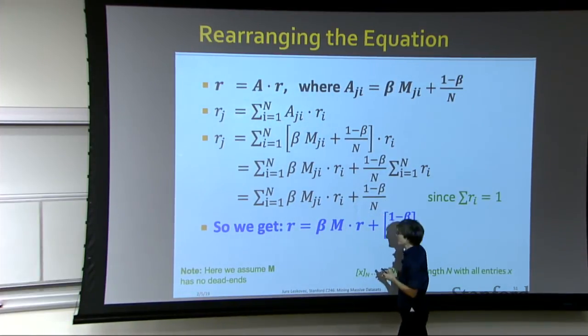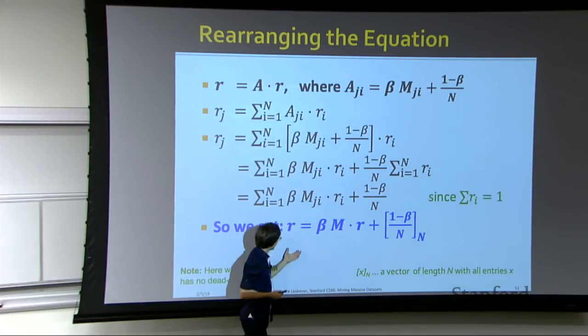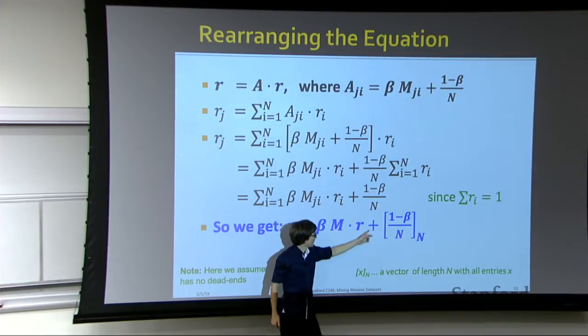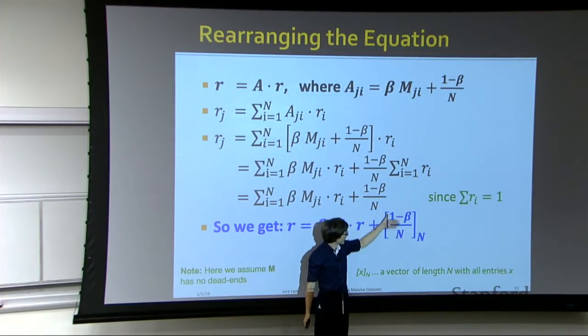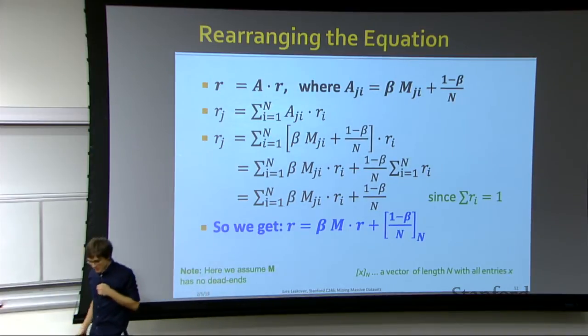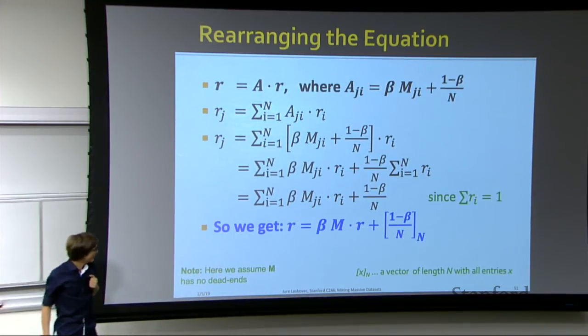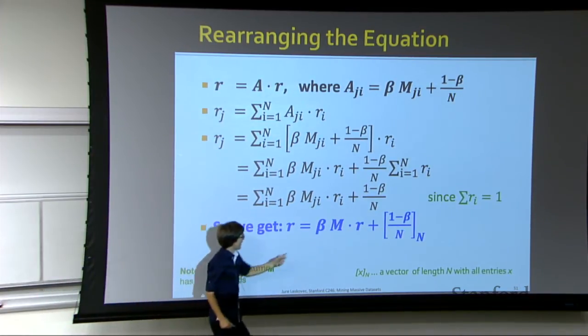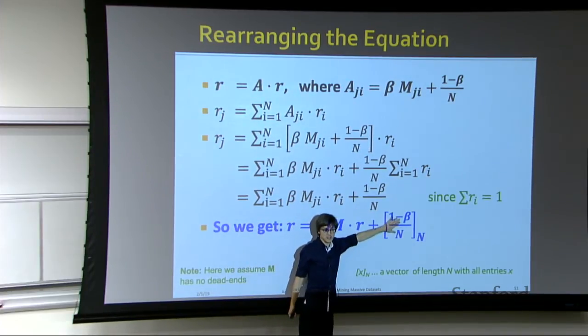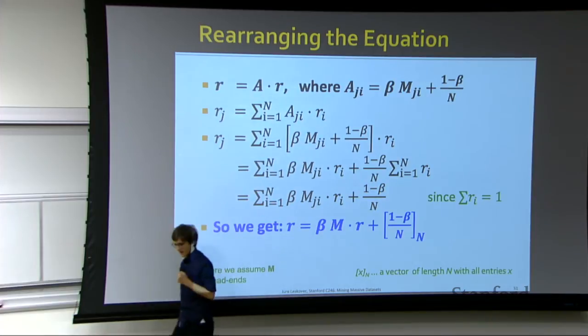So essentially what we got is that r equals beta times M times r plus (1 minus beta) divided by N. This is now great because I can iterate this equation, and this is just some constant that's the same for all the nodes, and that makes it great.